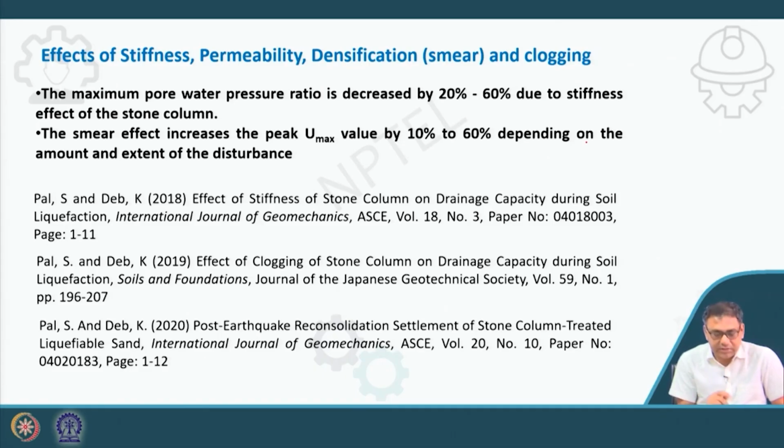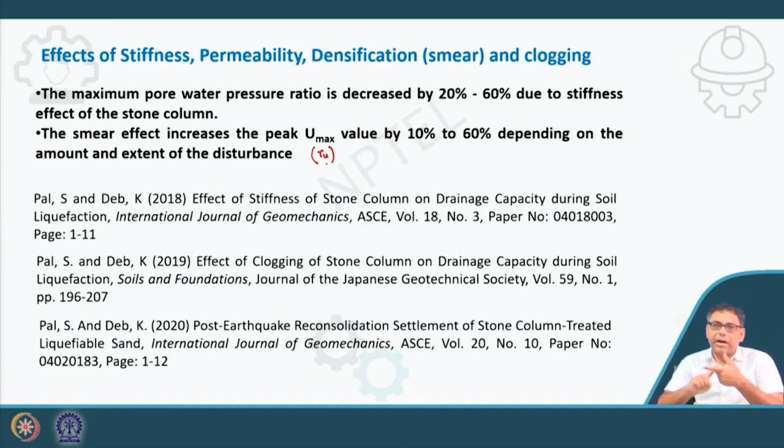Another finding is that the smear effect can increase the Umax, basically Umax or RU, both are the same, by 10 to 16% depending on the amount and extent of the disturbance. Why? Because the smear effect has a combination of two effects.